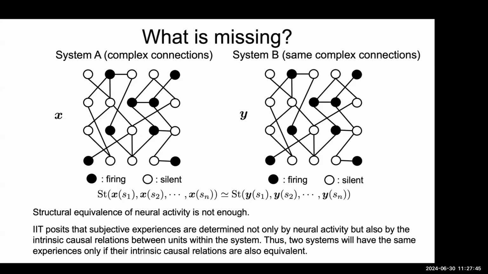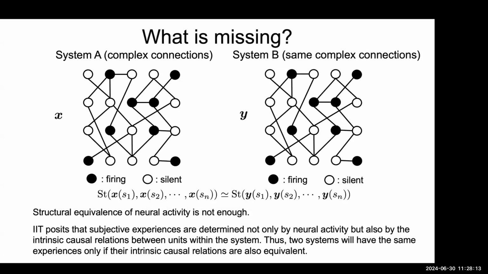IIT is one of, or maybe the only, possible candidates for that kind of theory. IIT posits that subjective experiences are determined not only by neural activity, but also by the intrinsic causal relations between units, these connections within the system.